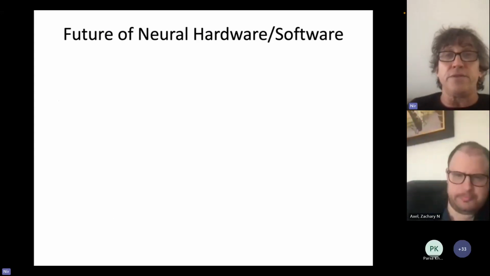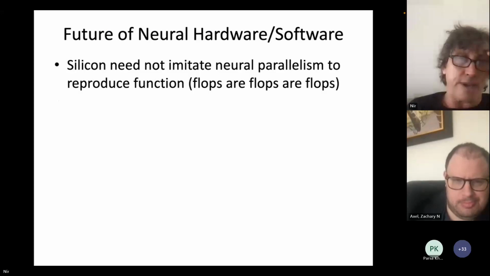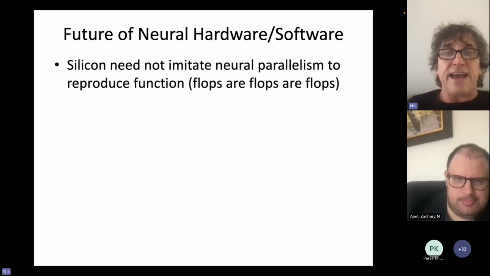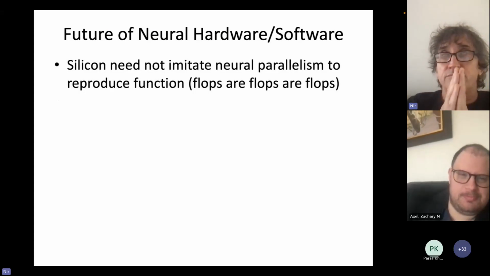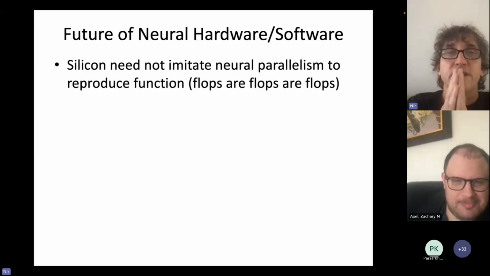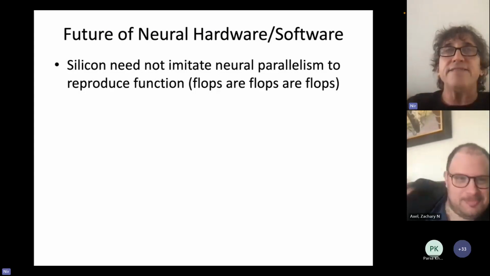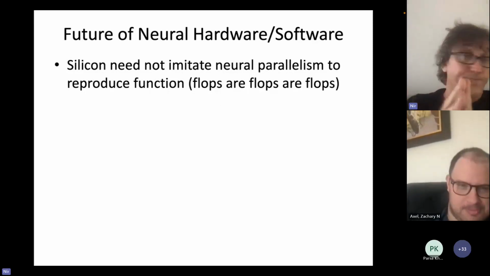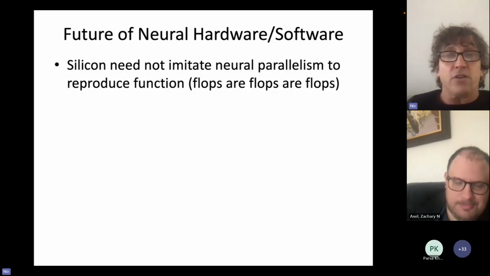So given this, what is the future of neural hardware and software? One thing we have to understand is that our hardware doesn't have to imitate brains in terms of parallelism. The reason your brain is parallel is that if you want to do 1 billion operations per second with neurons, you need 1 billion neurons to fire every time.